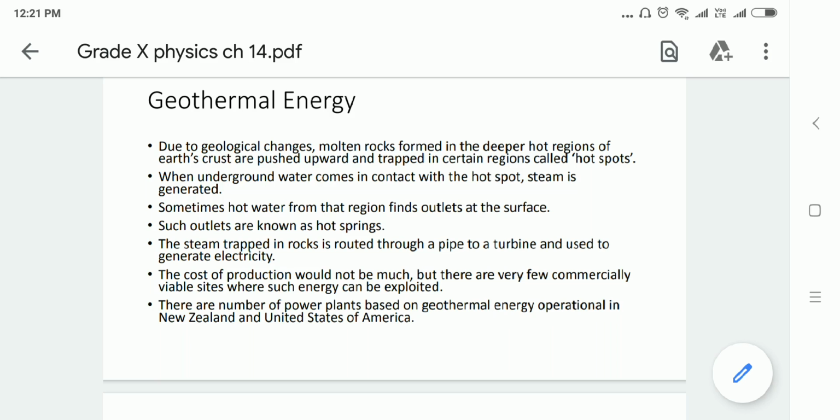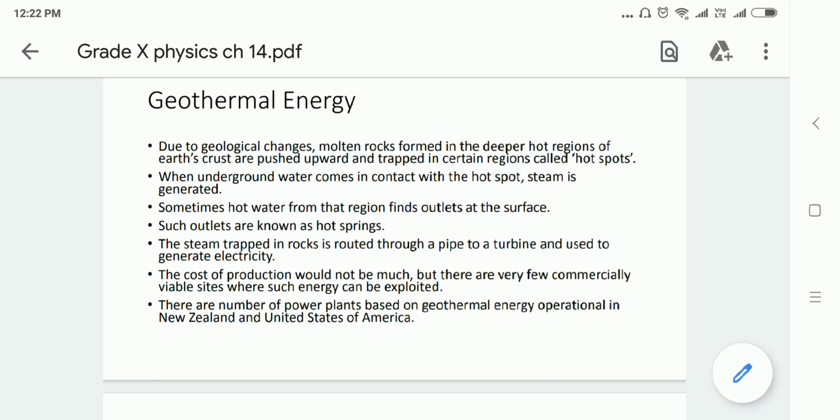From that hotspot, whatever water or liquid is coming out has a very high temperature. This hot water coming out from the surface, through outlets, is known as hot springs.